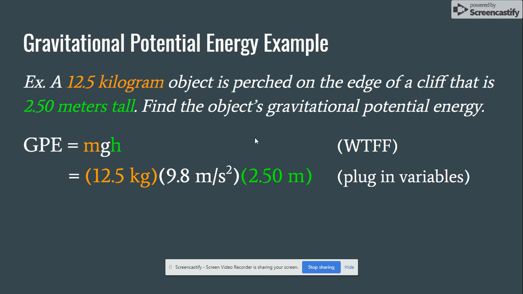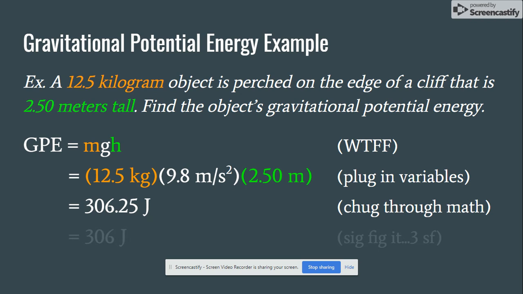So if you've done this on your calculator, you should have gotten 306.25 joules. But remember, that is a filthy lie from our calculator. We only have 3 sig figs to work with because we are limited by the number with the fewest sig figs. In this case, they both have 3.